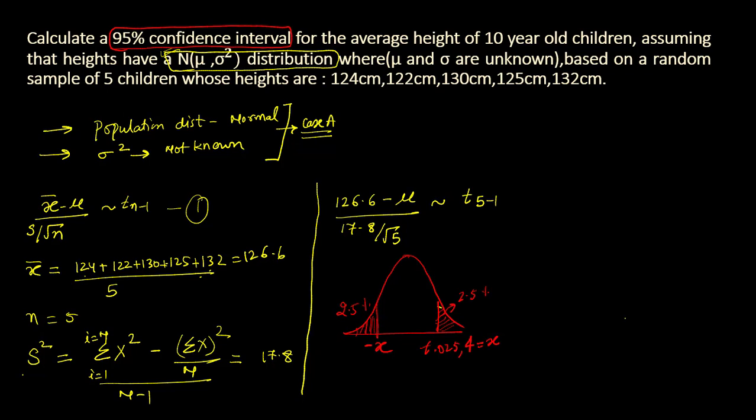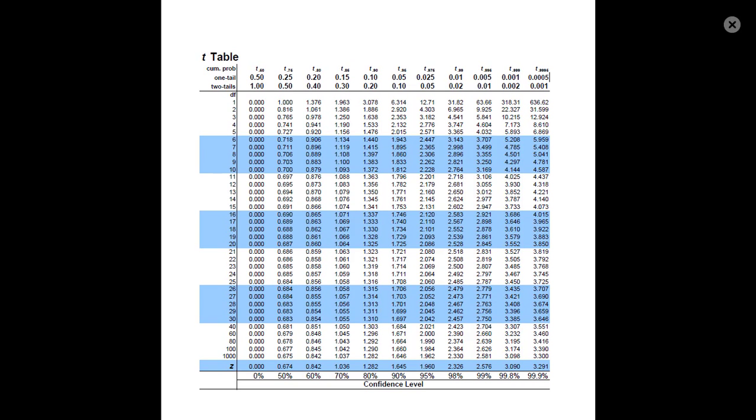Let us calculate this t value from the table. Now you can see the t table. Here we have to find the value of t 0.025 against 4 degrees of freedom.